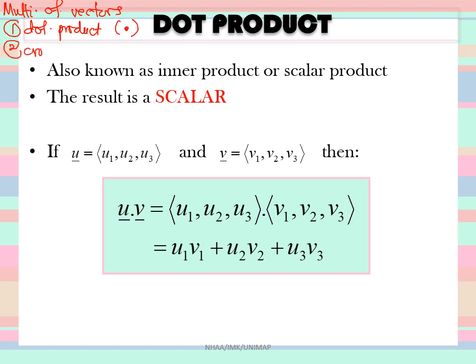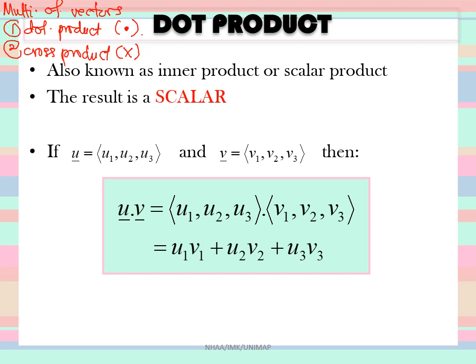Second is by performing cross product, and we use the multiplication symbol, the cross. These two multiplications will give you different answers.